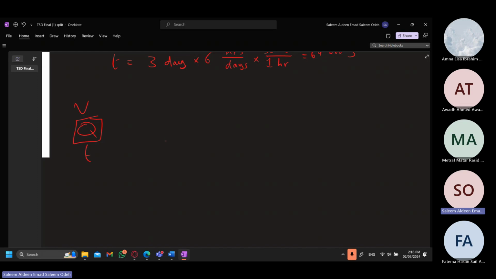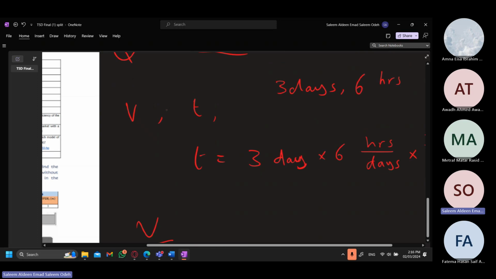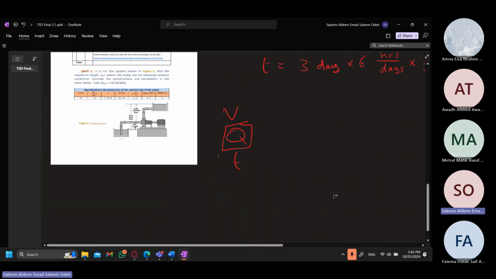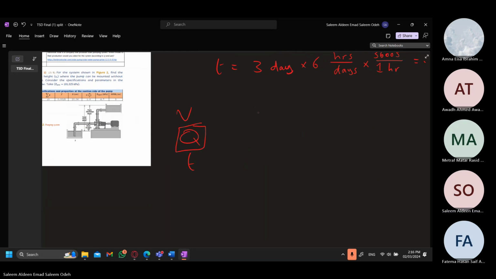So now what we need to find is the area. The next thing they ask for us is to find a suitable size for the piping system. So in order for us to do that, the area of a cylinder is Q over V. But this V is not the volume, which we found already. This V is velocity.